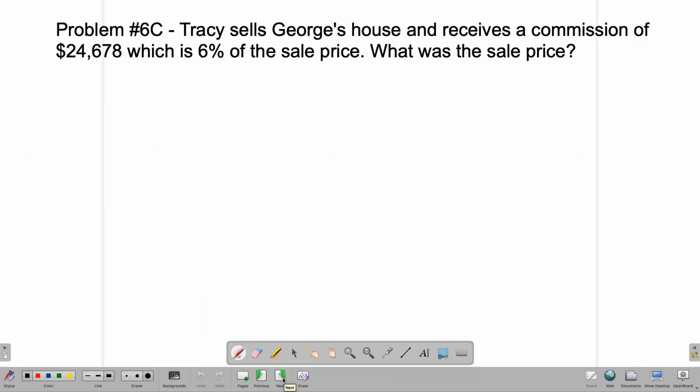Now, problem 6C, we have Tracy sells George's house and receives a commission of $24,678, which is 6% of the sales price. What was the sales price? So once again, we want to use the same equation, part equals rate times base.